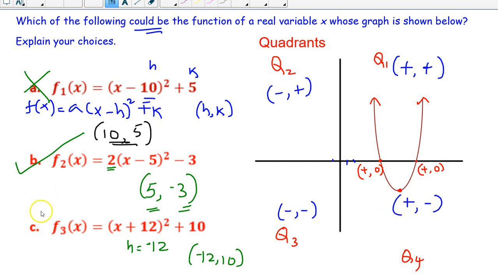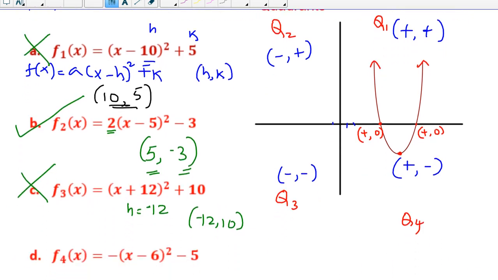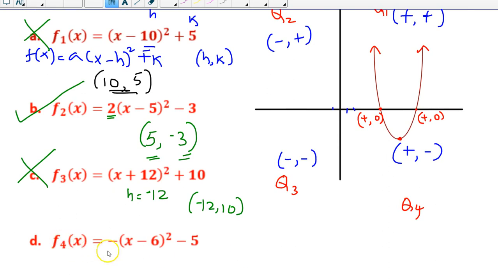No, it is just the opposite. Scratch off. This cannot be the function. Now the fourth case, wow, I'm seeing a negative sign here. Negative sign means the graph is downwards. I don't have to go to the vertex. Seeing the negative sign here? No, it cannot be the function. Okay?